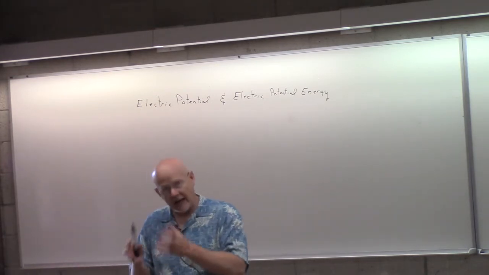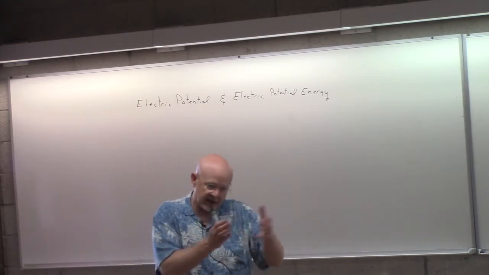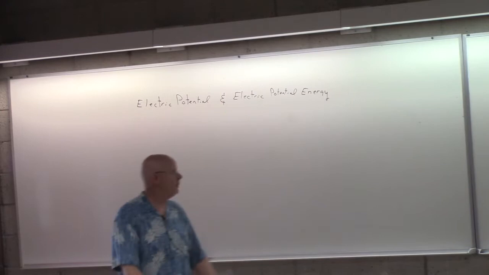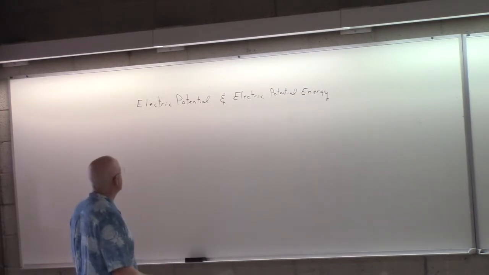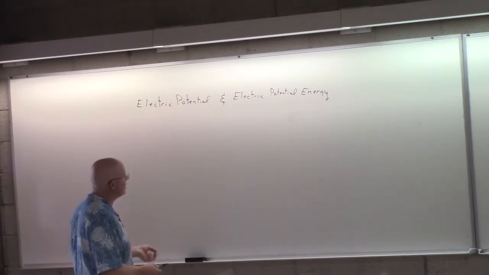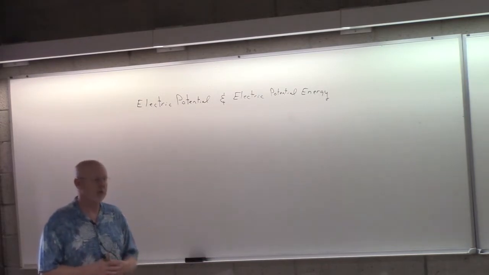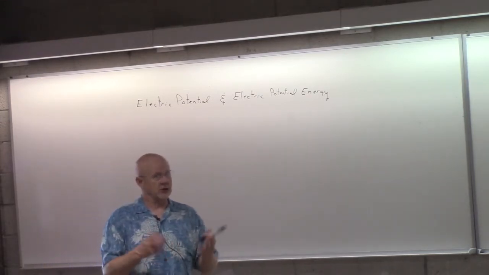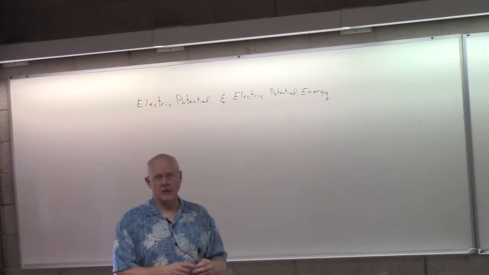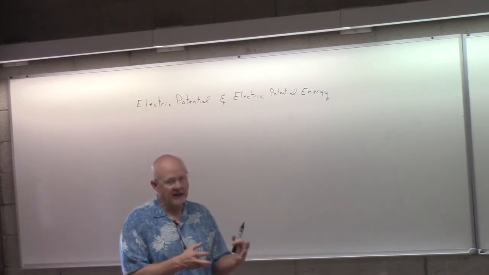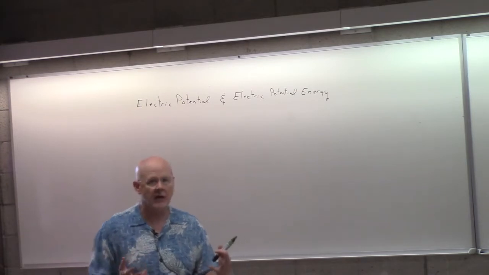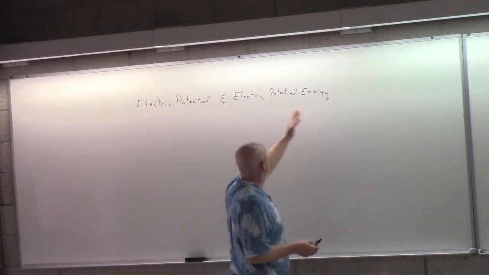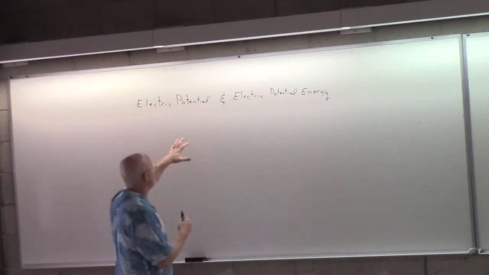But there's a direct connection between electric potential and electric potential energy, and that's why they're easy to confuse. In addition, because they have the words electric potential, sometimes we get lazy and just say potential. Well, okay, do you mean potential energy or do you mean potential? If we throw away the word electric in both cases, that's okay. But if we drop the word energy and just say potential, that is easily going to be confused.